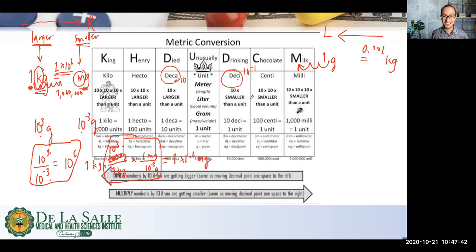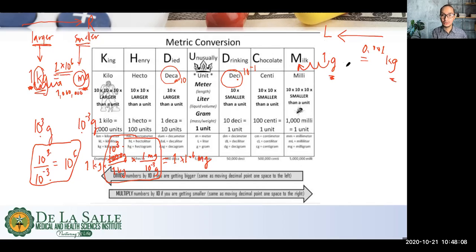So let me just repeat what I mentioned. What I am showing you here is that if you will be converting one unit in the metric system to another unit, from a smaller denomination to a larger denomination, you will basically be moving the decimal place to the left.